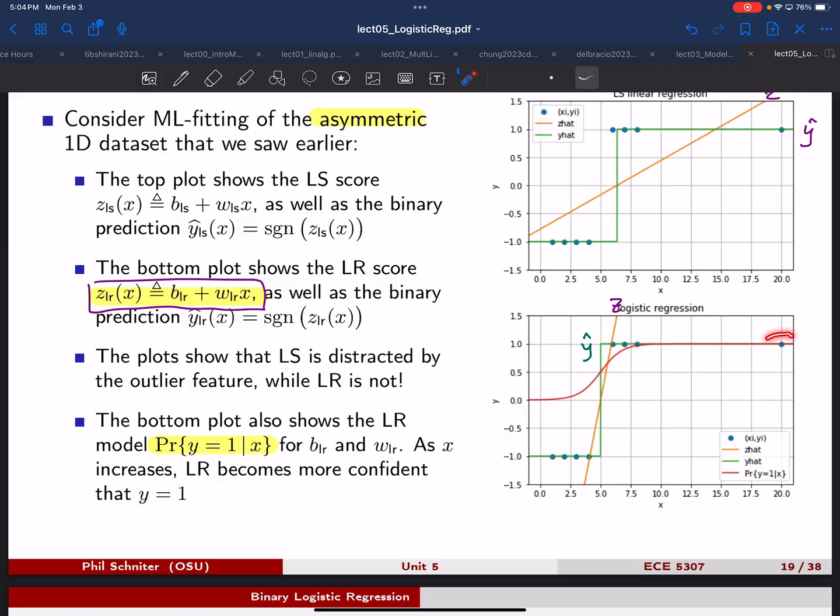So when we're out here, we're extremely confident that this deserves the label y equals 1. Over here, for this feature, you can see we're not that confident. It's maybe 75% confident that this corresponds to 1, but because our model has uncertainty, there's actually a chance that we could have had a -1 there, according to this model.